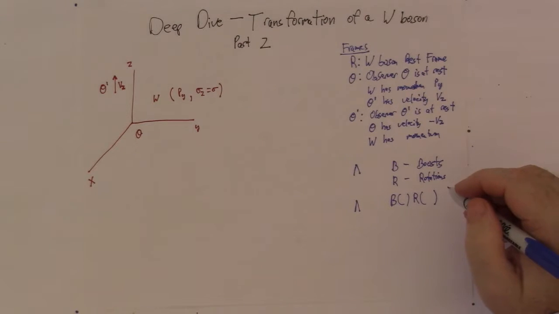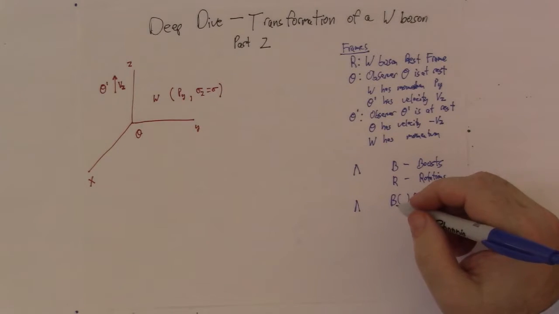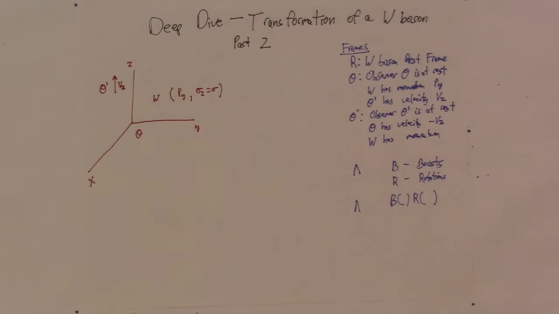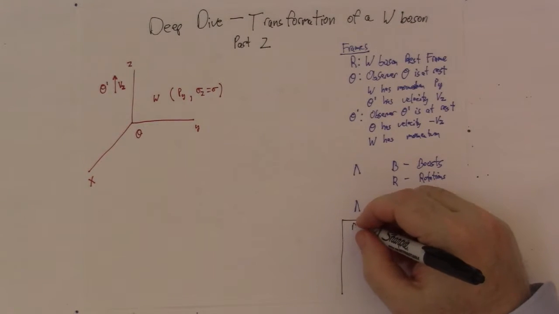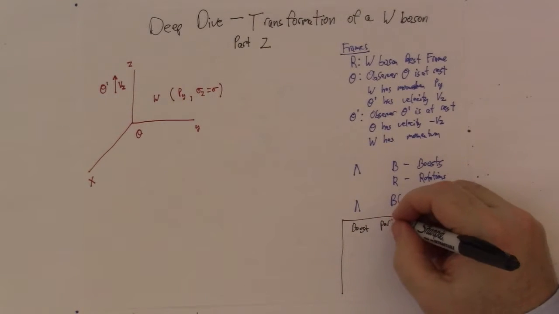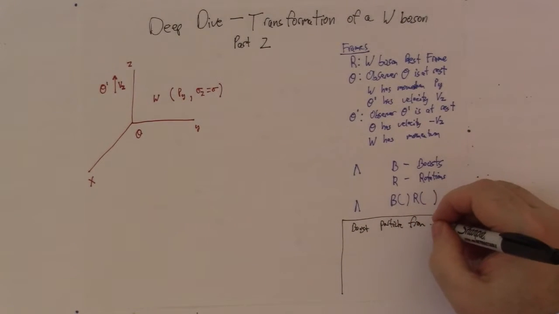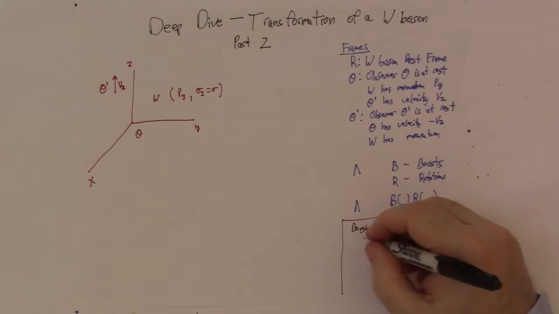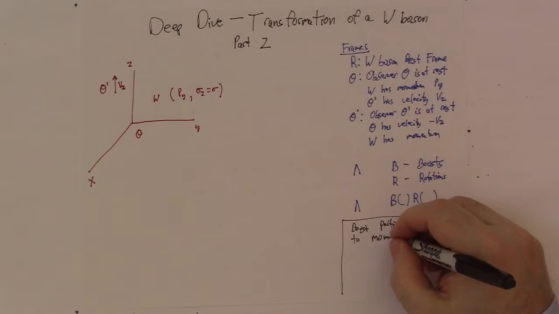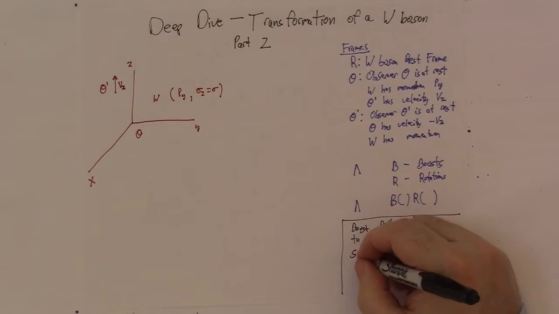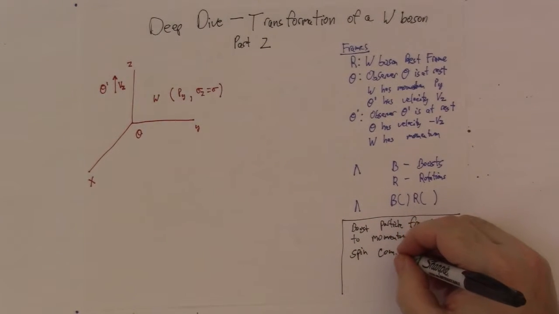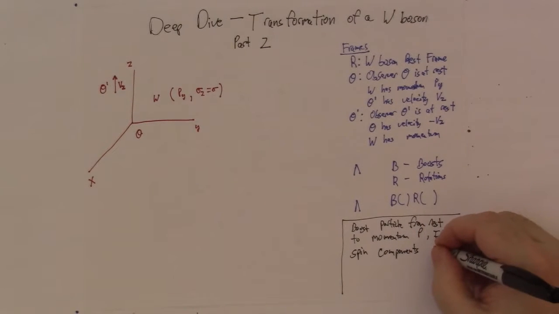Now, the key thing here in part 1, we proved, or we stated, or we defined, however you want to look at it, that if we boost the particle from rest to, let's say, momentum P, its spin components are unchanged.